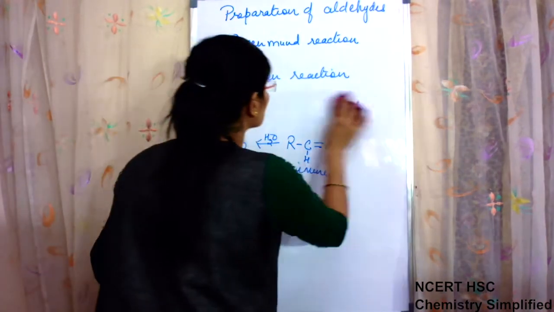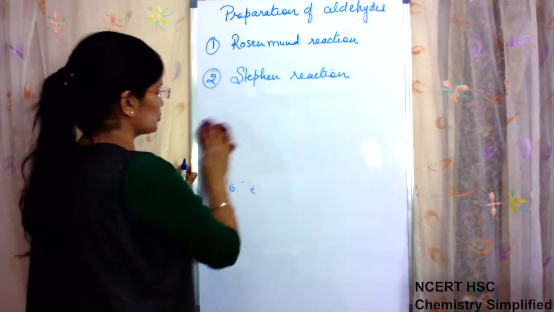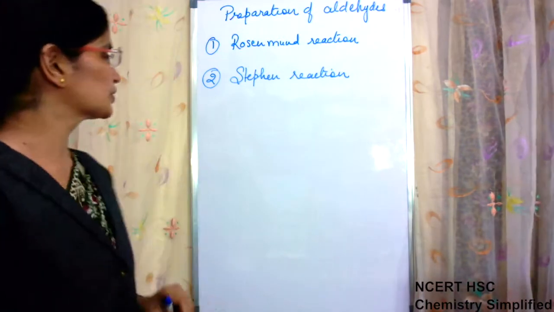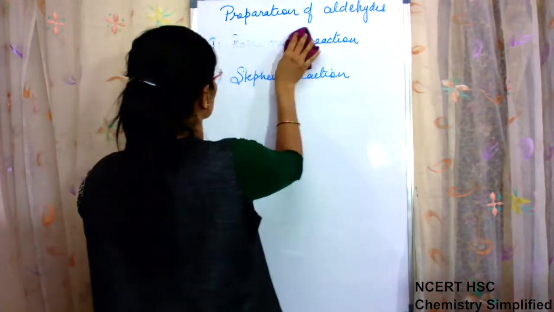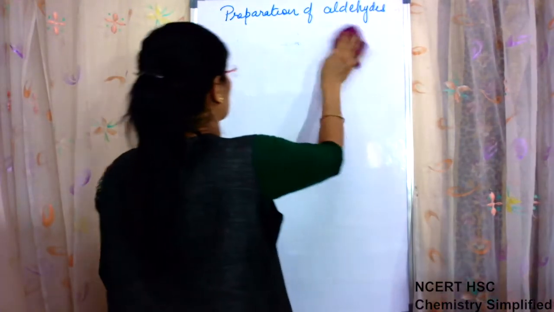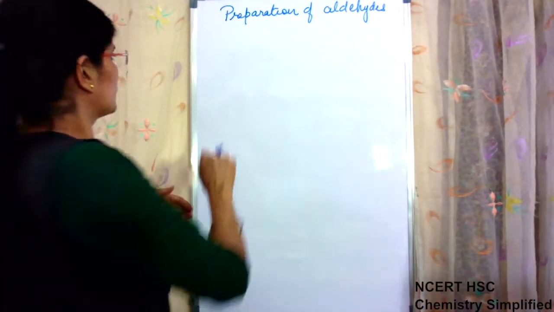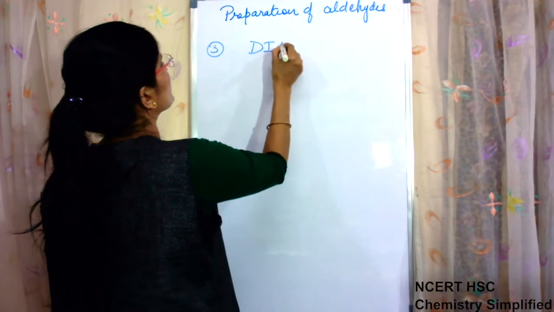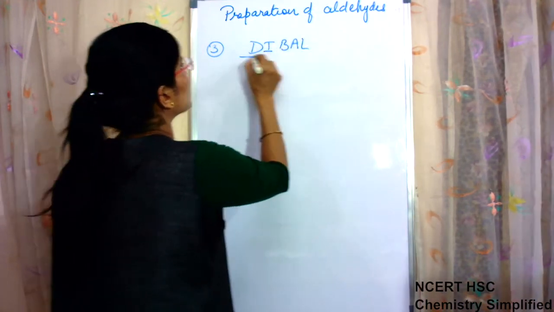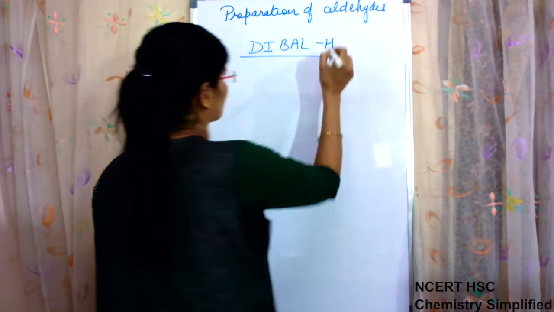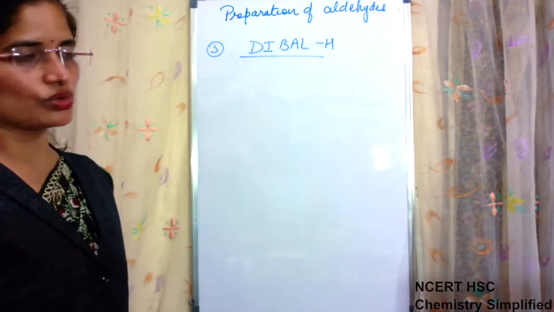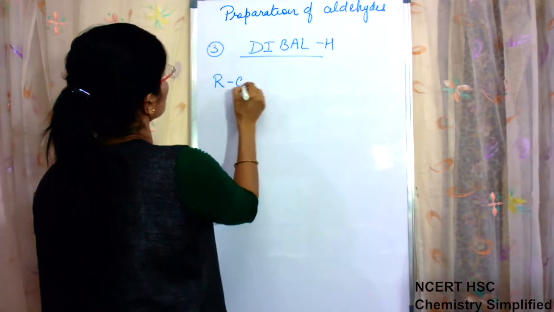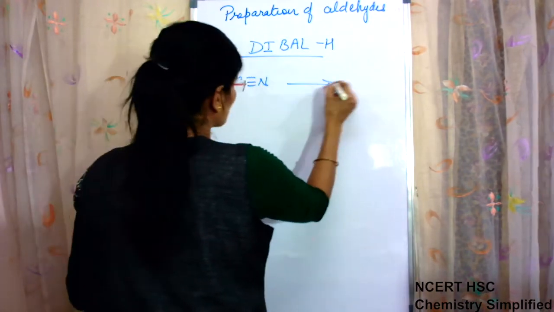When other reagents are used, it will not be known as Stephen's reaction. Now the third method we are going to start, in which a reagent DIBAL-H is used as a reducing agent to convert nitriles into aldehyde.